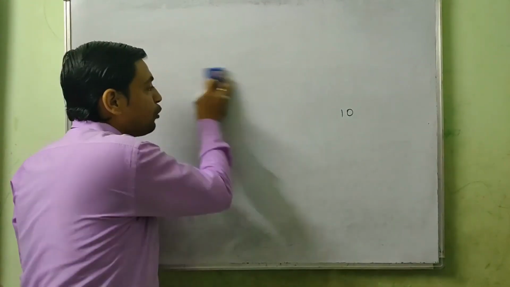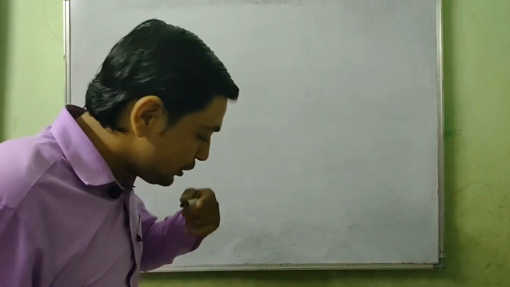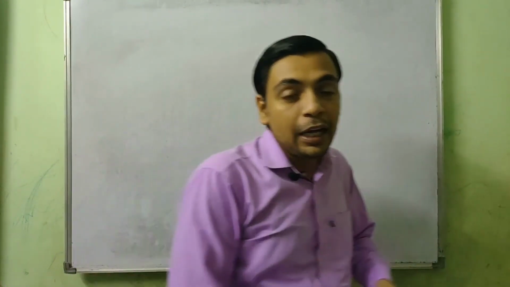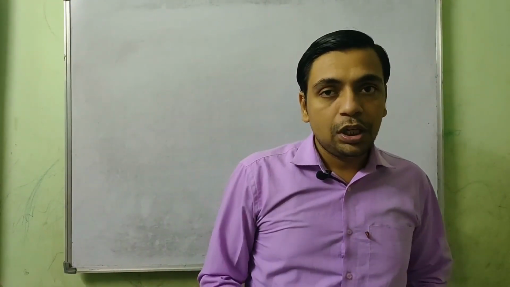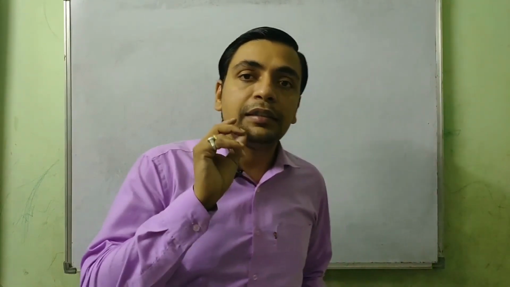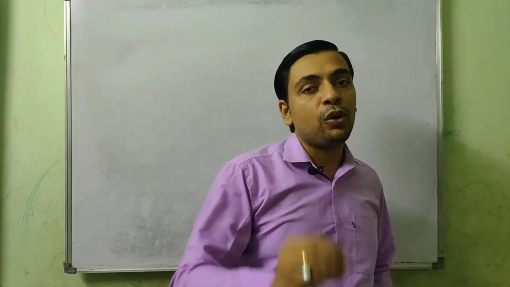We are going to borrow whenever we are subtracting from 0. It's obvious, because there are only two numbers, 0 or 1. If we are subtracting from 1, it's not an issue. But if we are subtracting from 0, it's an issue. We cannot subtract anything from 0, so in that case we have to borrow a number.